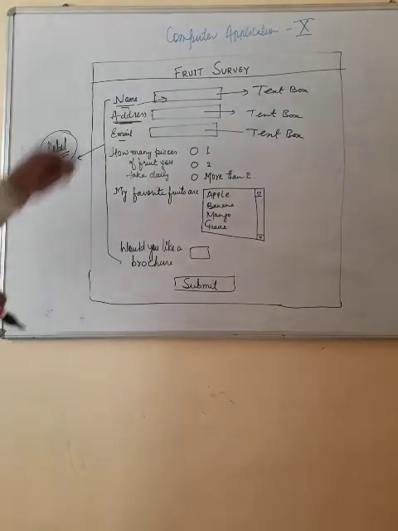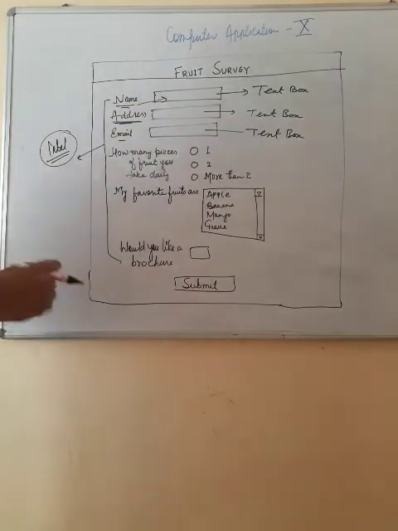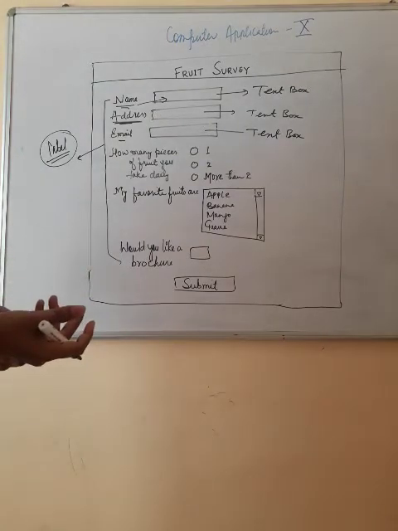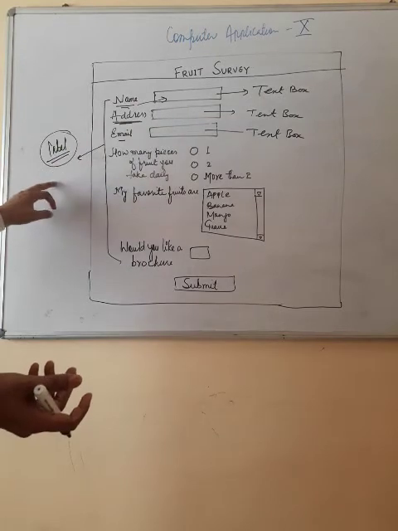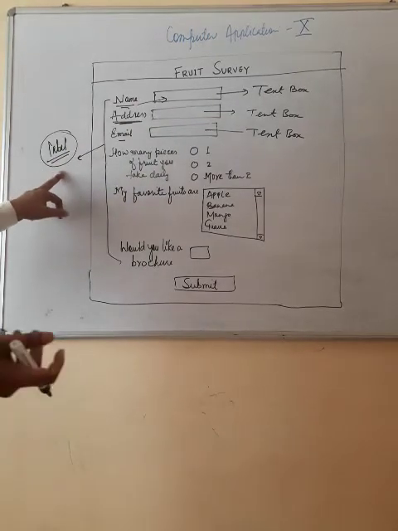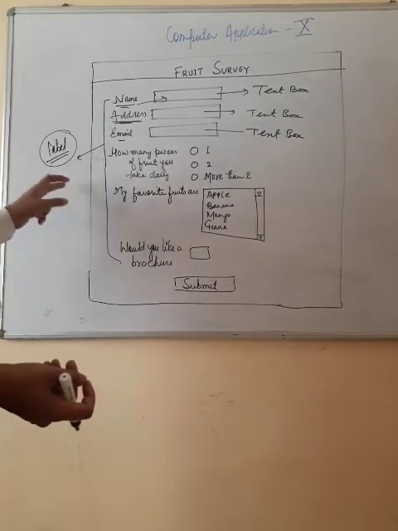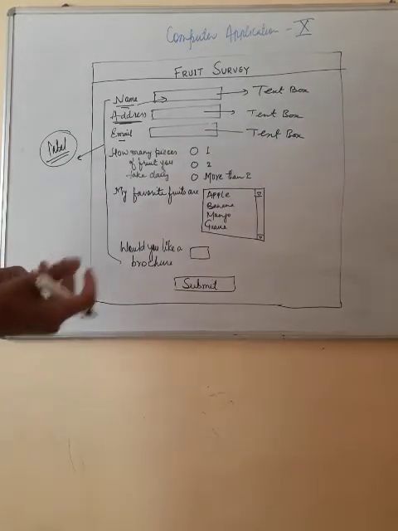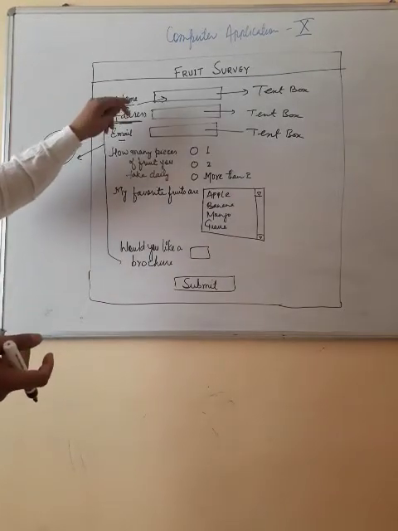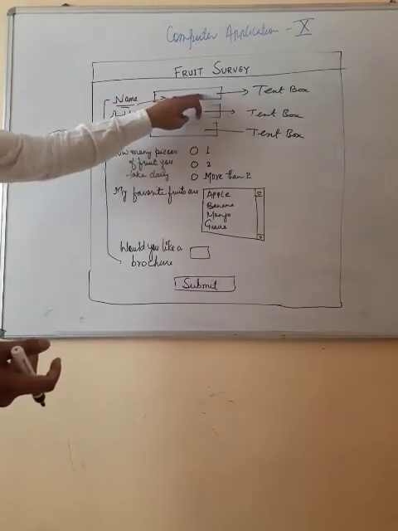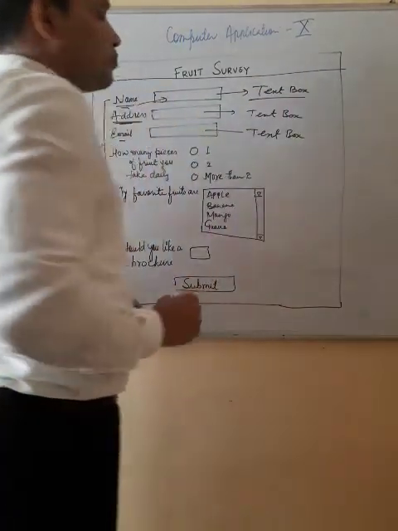Students, in these forms I just want to give an overview of the different things and what their uses are. So the first thing I have to use is a label, and a label is used just to display what information you want to get from the user by the help of your form. So the first thing is the name that you want to accept. That name can be taken as an input.